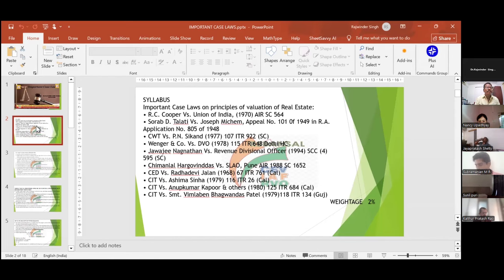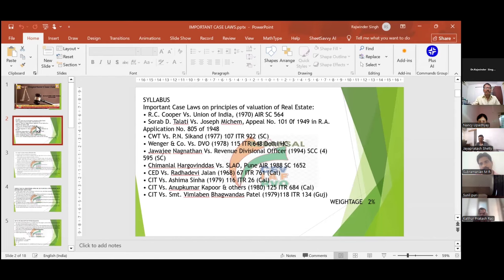So as far as the syllabus is concerned, from the IBBI examination point of view, first one is R.C. Cooper versus Union of India, and second is Saurabh D. Talati versus Joseph Mecom. Third one is CWT versus P.N. Sakan. Next is Wenger and Company versus DVO.